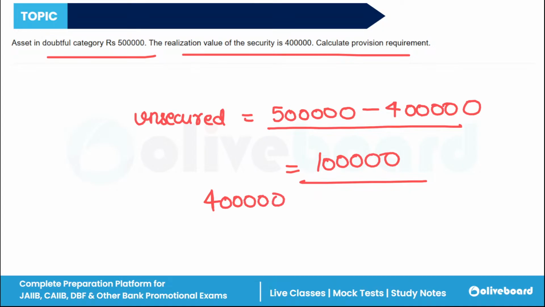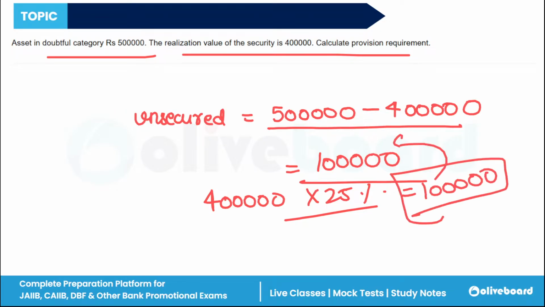So just for the secured one, calculate 25% of this 4 lakh, right? So here what we can do, multiply it by 25%. So that is equals to about 1 lakh.